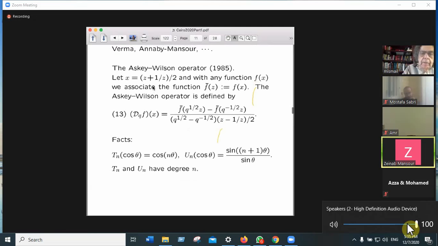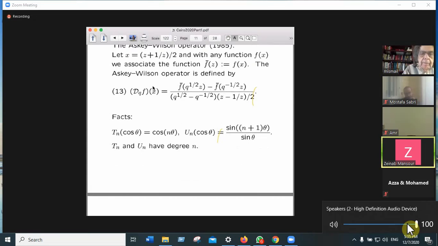Yeah, but the Tn and Un functions are defined for theta real. No, they're not, because these are polynomials in the variable cosine theta. Cosine theta is a complex variable. So x is a complex variable. x equal cosine theta is a complex variable, not a real variable.